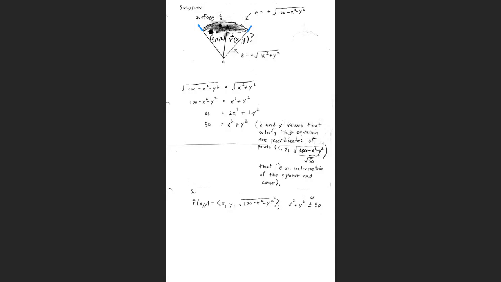Now, we want a vector function, a vector function of two parameters, that traces out this shaded area, S. We need to discover what that vector function is.